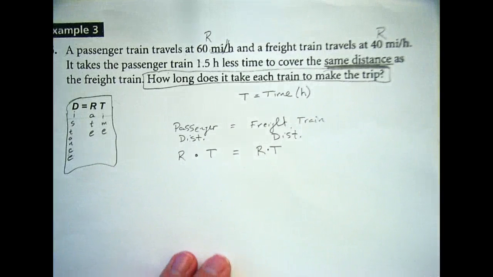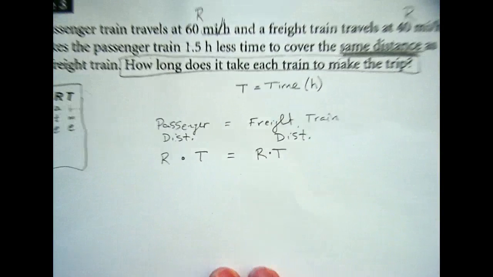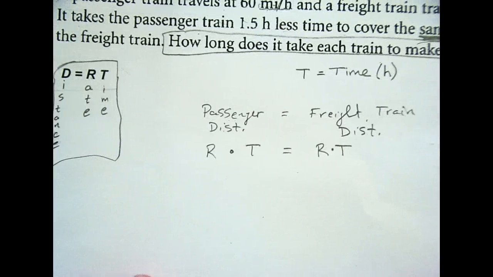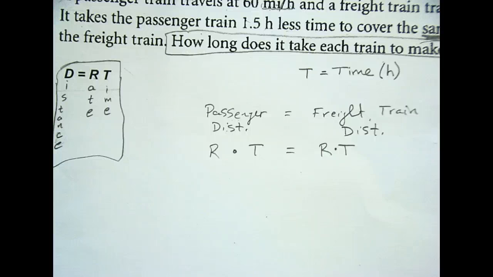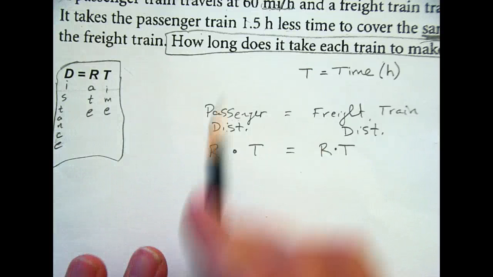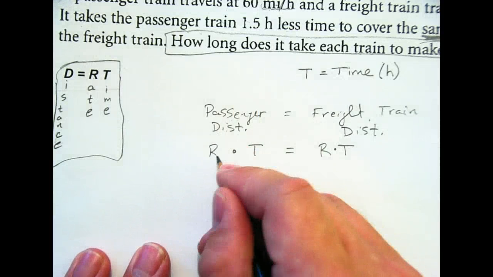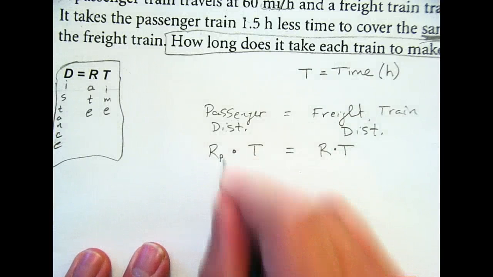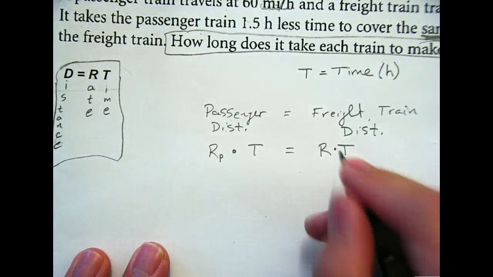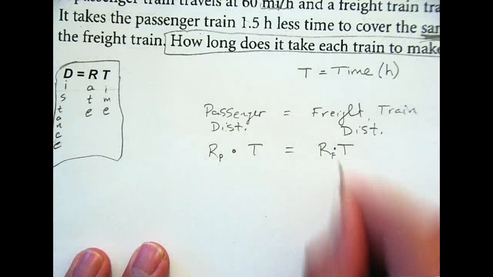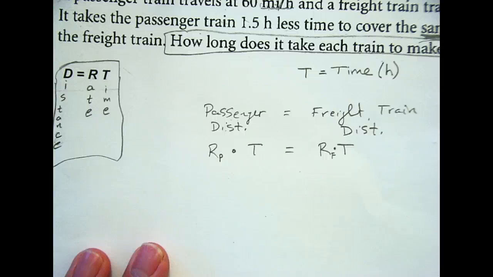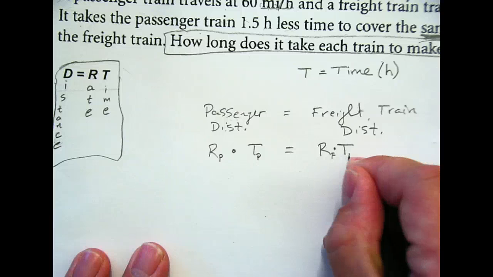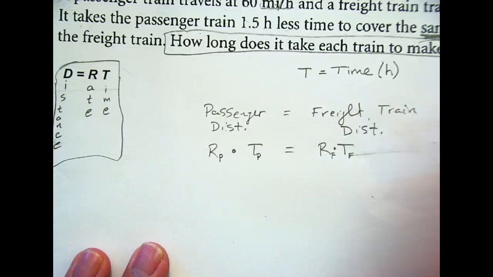Usually in math, when we have two of the same thing, like rate, when I say the rate here, that's the rate of the passenger. When I say the rate here, that's the rate of the freight train. They're two different rates. When I say the time here, that's the time of the passenger, and when I say the time here, that's the time of the freight train.